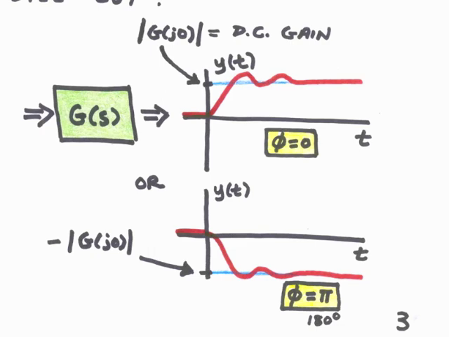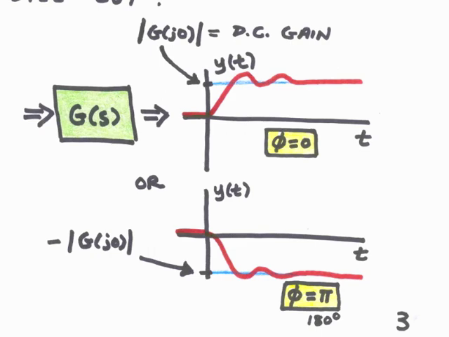That means that the constant value that the output achieves after the transient dies out can either be equal to the DC gain, in the case that the phase is equal to 0, or will be equal to the negative of the DC gain, in the case that the phase is equal to 180 degrees.